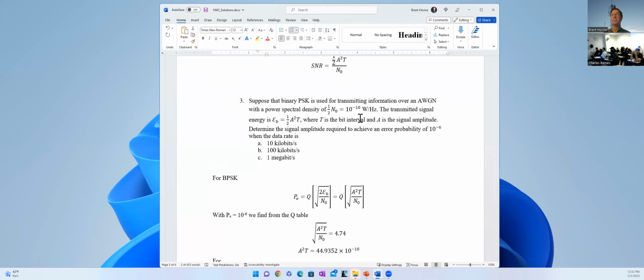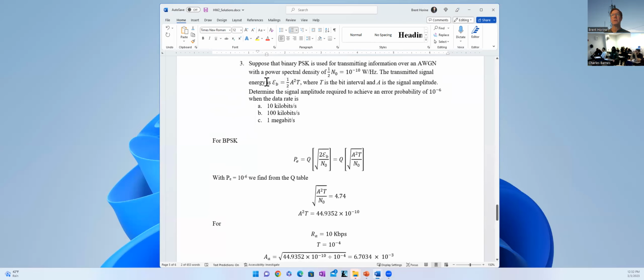So suppose that binary PSK is used for transmitting information over an AWGN channel. We're given the power spectral density of the noise. Then the transmitted signal energy, where T is the length of our bit interval and A is the signal amplitude.